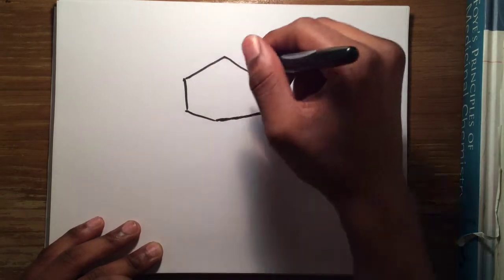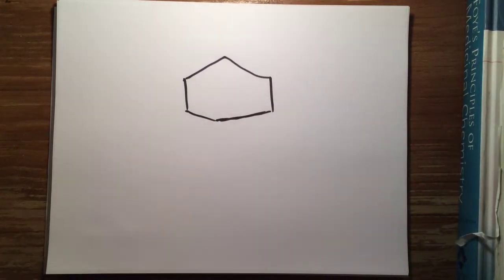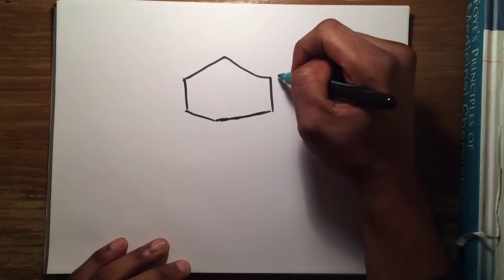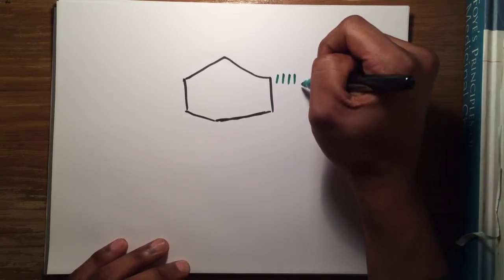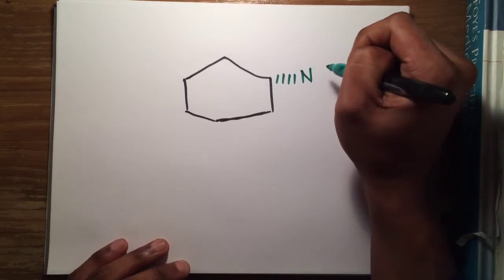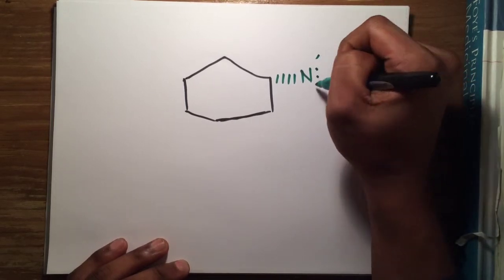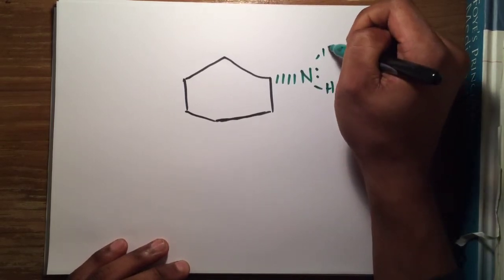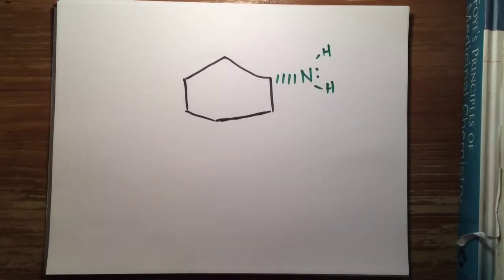Right, and we're going to make the amine, we're going to make that green. And the other group, the alkyl halide, we're going to make it purple.